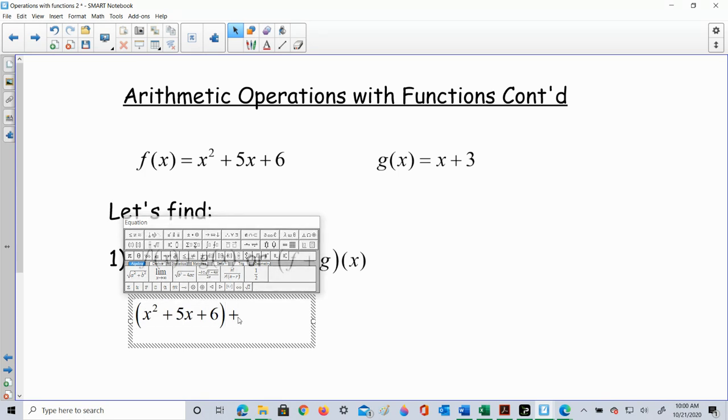Plus x plus 3. Put it in parentheses as well. X plus 3.